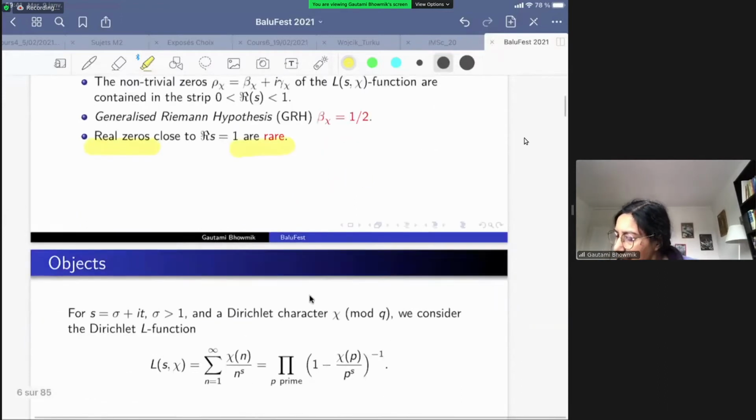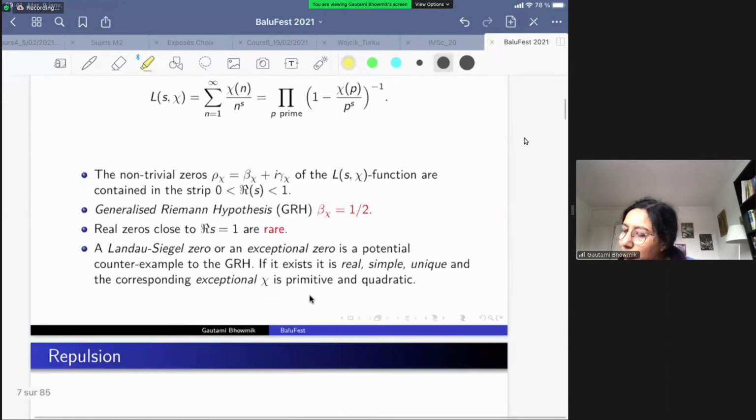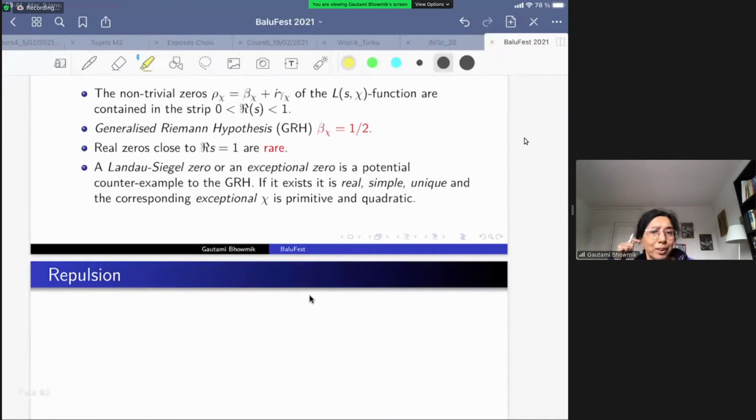Okay, so now suppose there is an exceptional zero. This exceptional zero is called Siegel zero, and then some people have called it the Landau-Siegel zero, or sometimes an exceptional zero. This means that there is an exception to the generalized Riemann hypothesis.